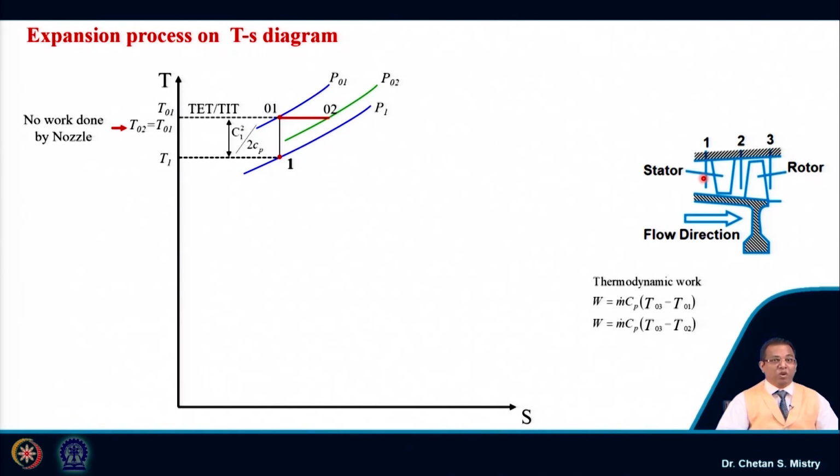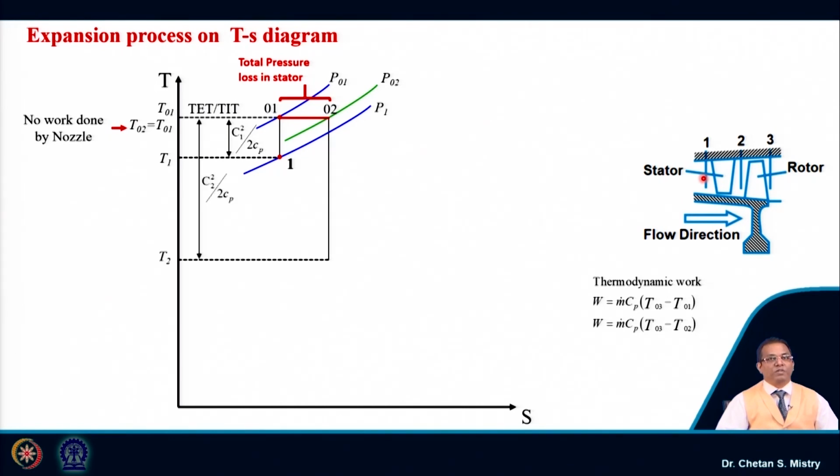But since it is a solid device, as we have discussed, it will be subjected to loss, and this loss we represent in terms of total pressure loss. Now based on my velocity component we can locate my point 2, which represents my static pressure.